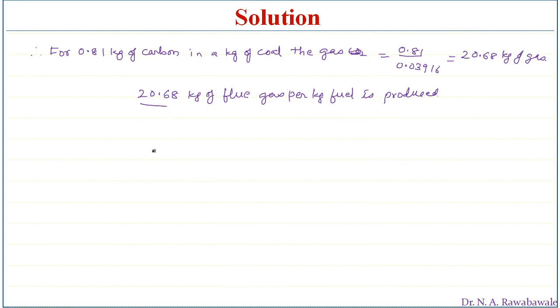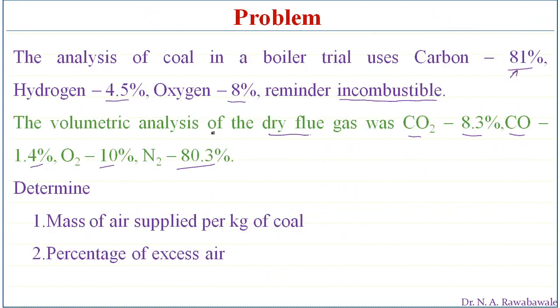Now after that, the mass of water formed or produced per kg of fuel. Here the mass of hydrogen present in this fuel is 4.5%.